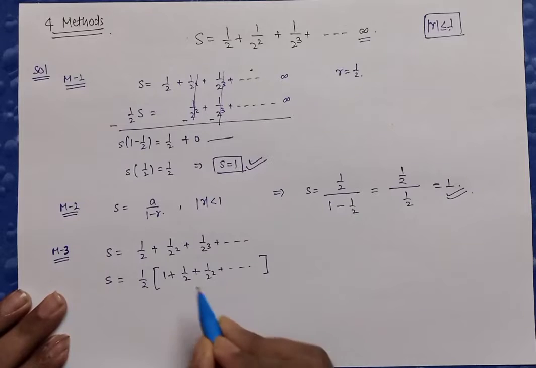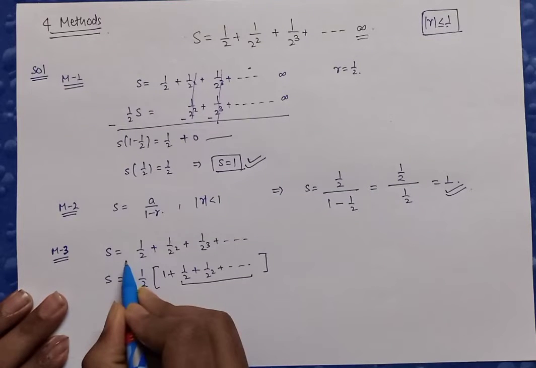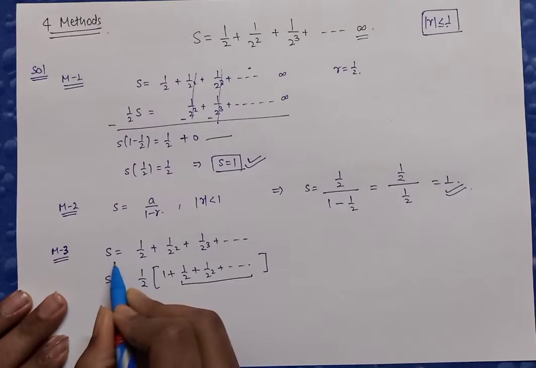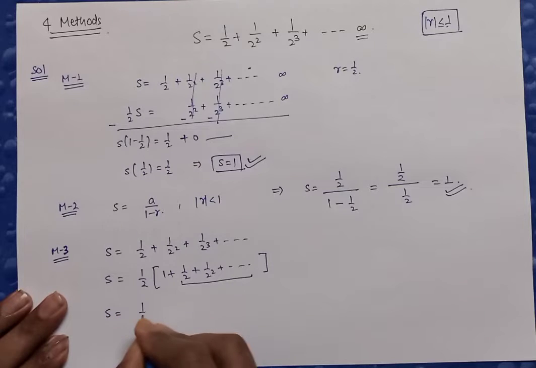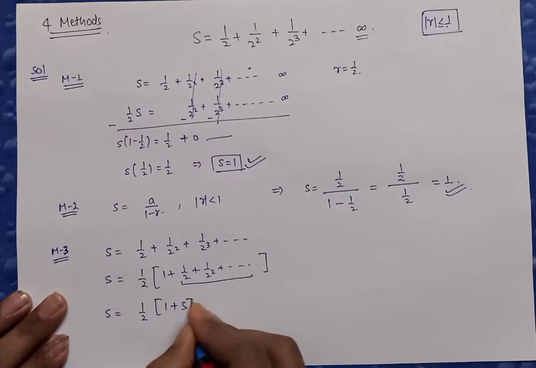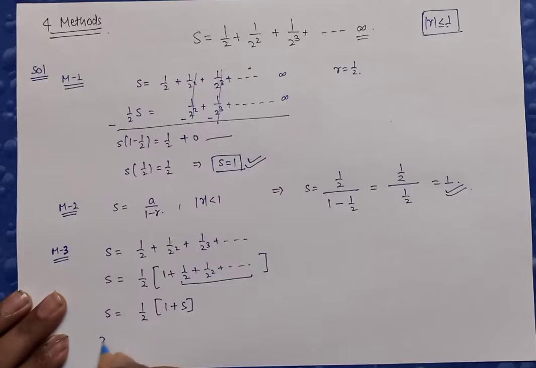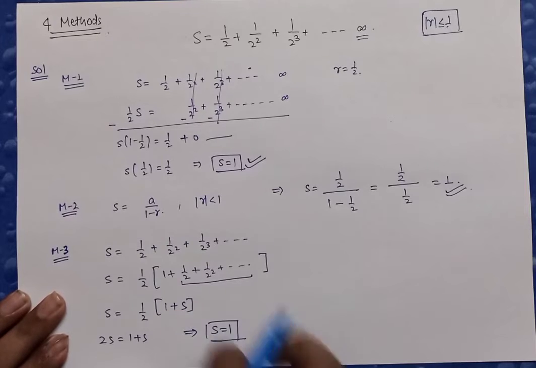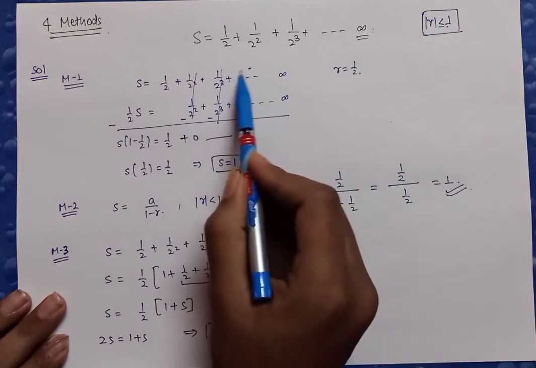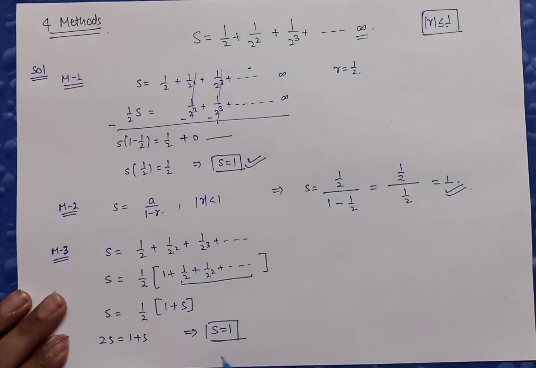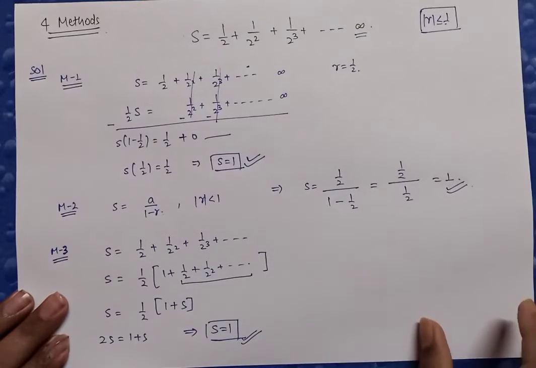Now notice carefully, this part is nothing but the summation which you had been given in the question. So s equals half of (1 plus s). Now let's solve. 2s equals 1 plus s. Now if you solve, you will get s equals 1. So this is also one of the methods where we didn't remember any formula, where we didn't write this much, but we got the answer very easily. So this is one of the methods where you got the answer correctly.